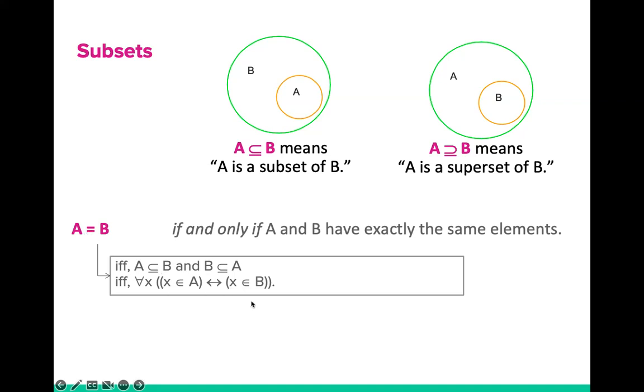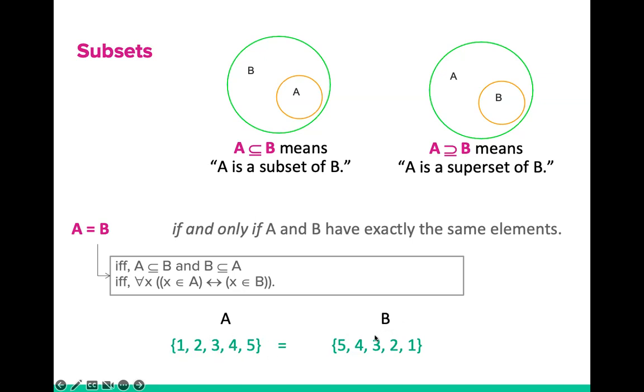And we can express it using quantifiers and logical equivalence in the form of biconditionals: for all x, x is in A if and only if x is also in B. Okay, so this is an example of equal sets.